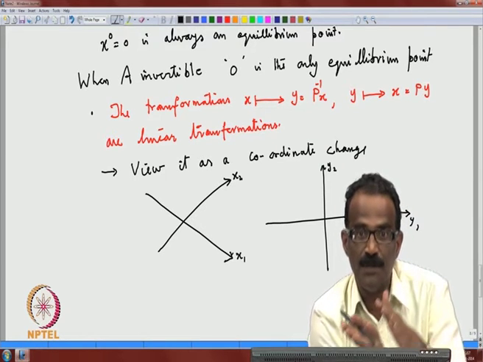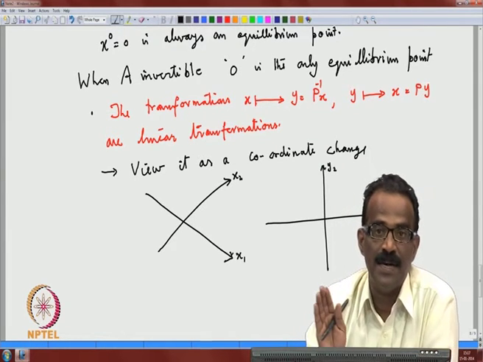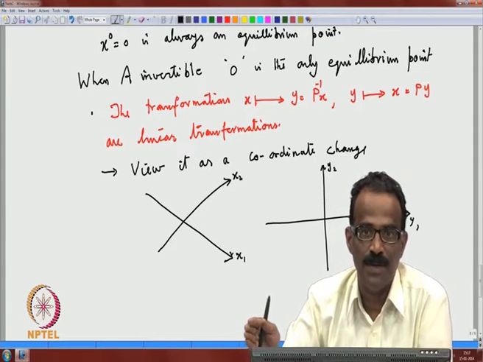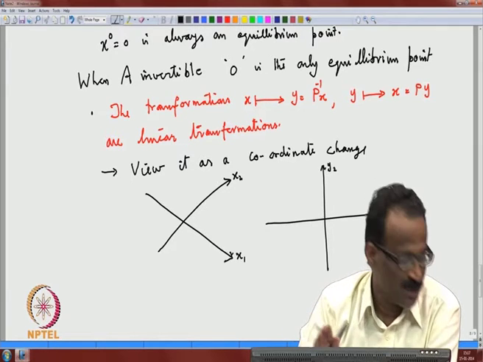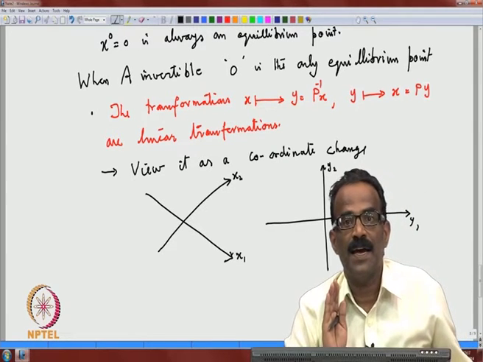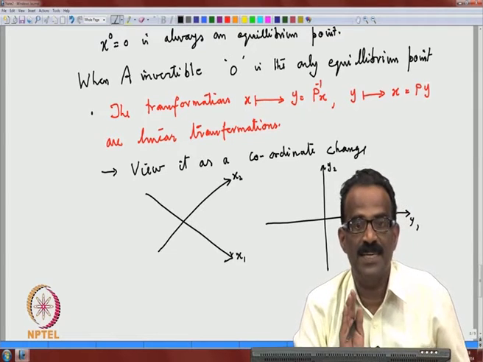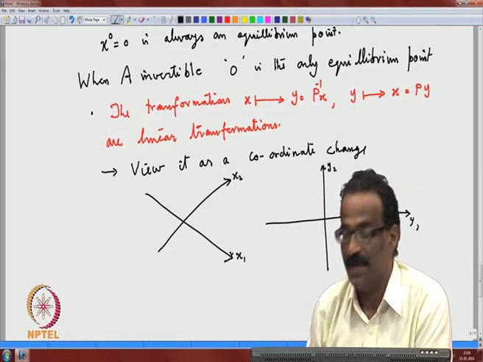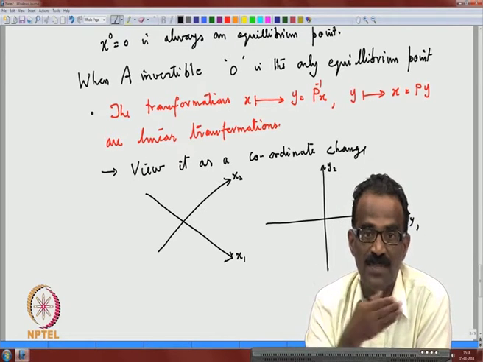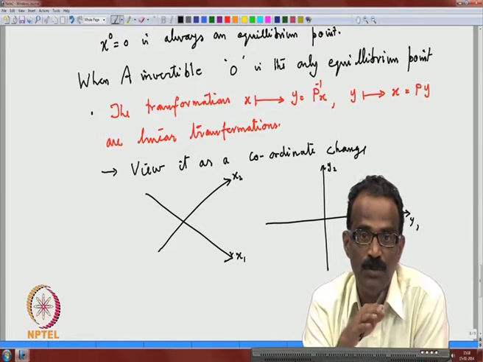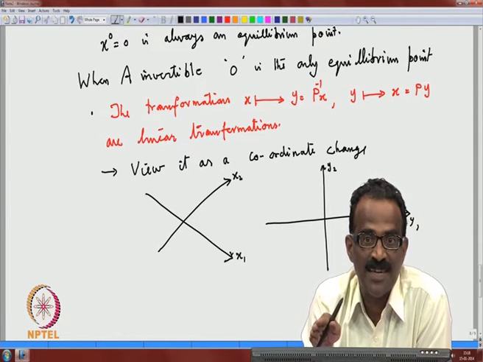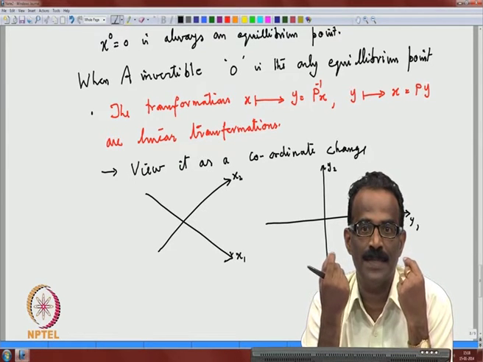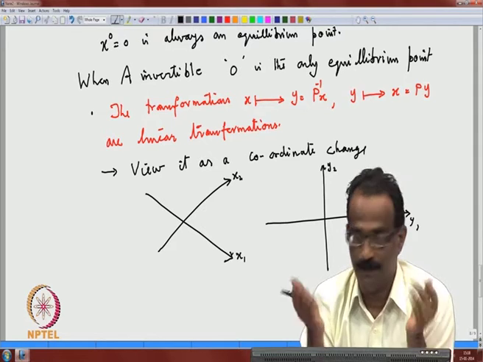There may be a difference in the movement of the trajectory, but in the stability analysis you cannot convert a stable equilibrium point to an unstable equilibrium point under linear equivalence. So fundamentally it is a coordinate change. That is what one has to understand under this linear transformation, and that is not surprising, because this linear equivalence is between two similar matrices. As you see, similar matrices represent the same linear transformations, and hence you should be able to do the same thing. Okay.